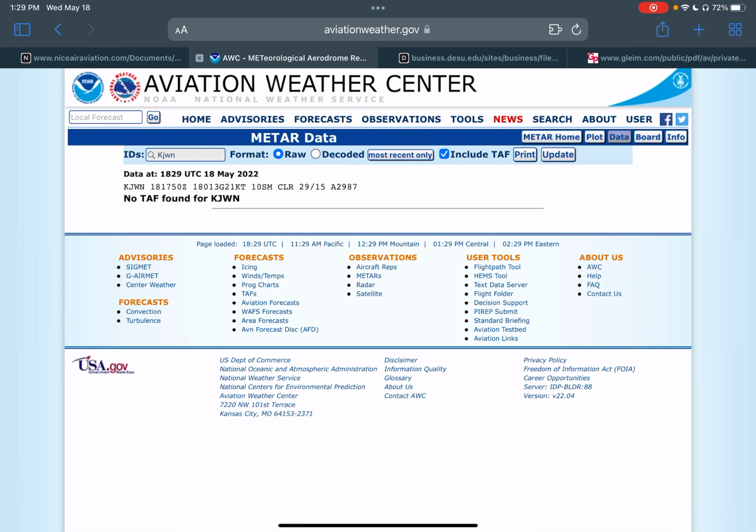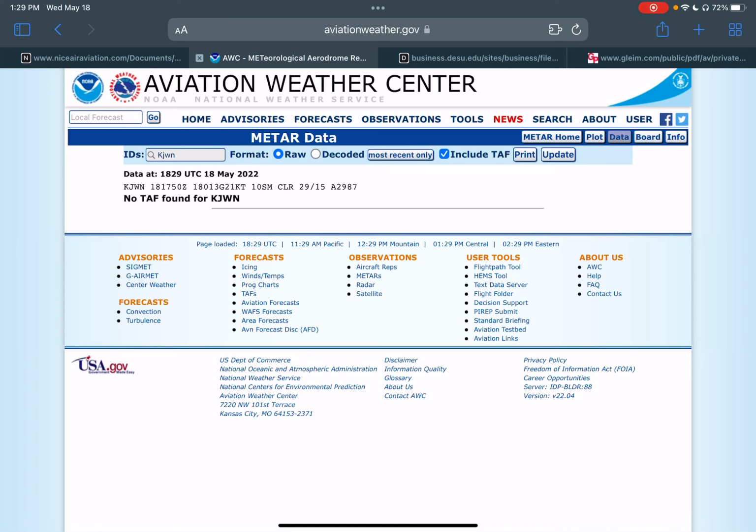This is our METAR, and the METAR is a scheduled observation that's taken between the 55th and the 59th minute past the hour. If there is any sort of amendment that needs to happen outside that time frame, they will produce what's called a SPECI, which is a special report.